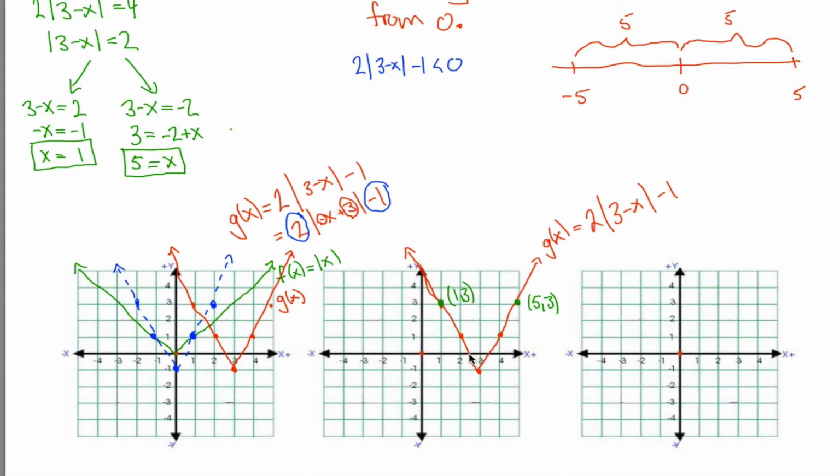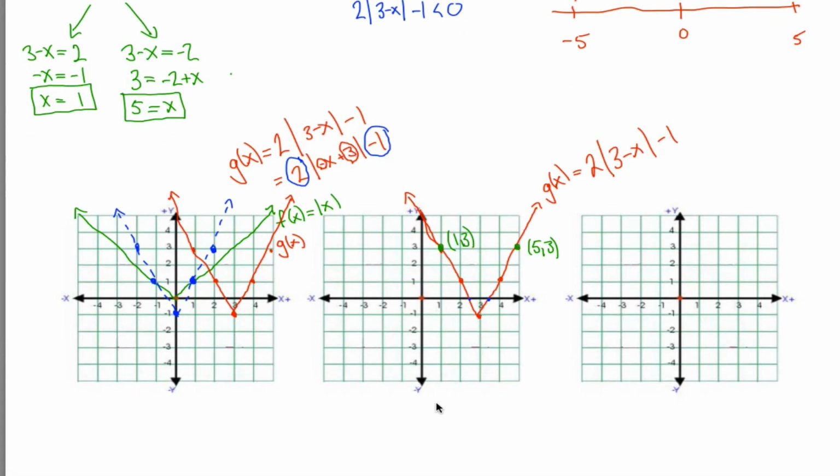So it looks like it's from this point right here to this point right here. It appears, and that's a dangerous word to use in math, that g of x is less than 0 on the interval from 2.5 all the way up to 3.5.